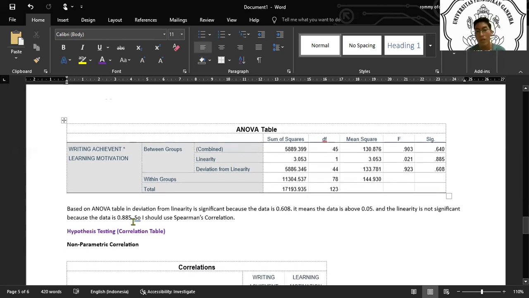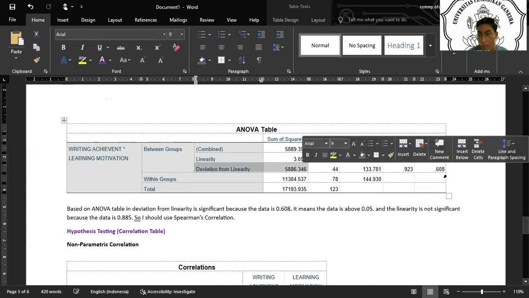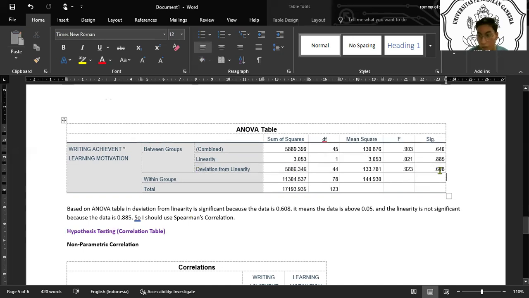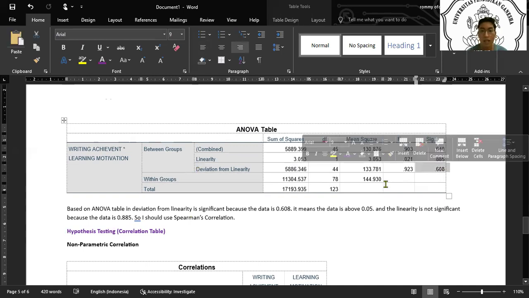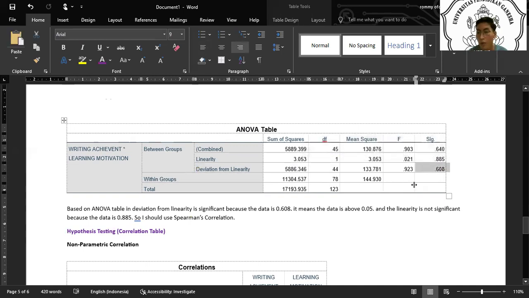Based on the ANOVA table, deviation from linearity is significant because the data is 0.608.